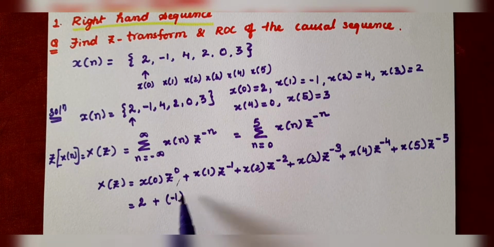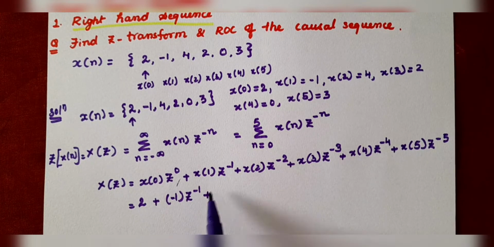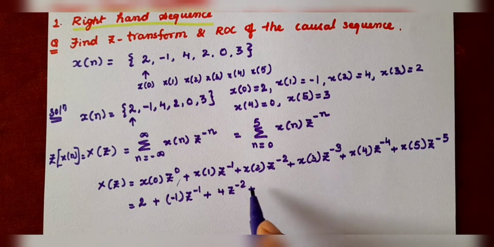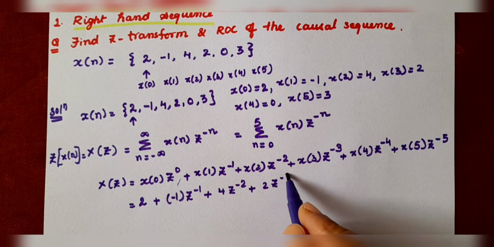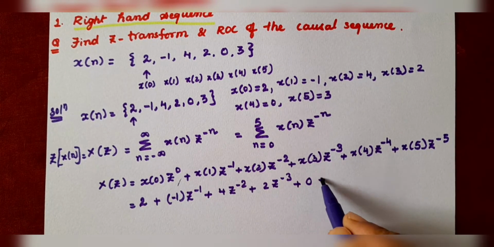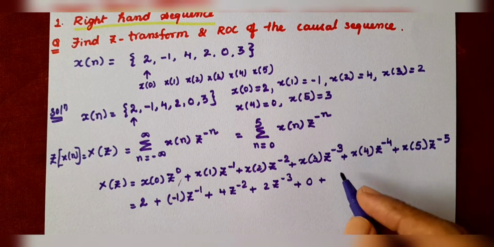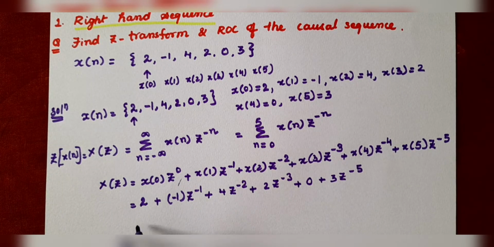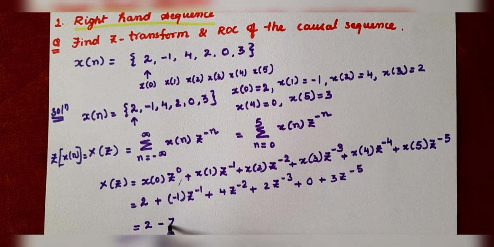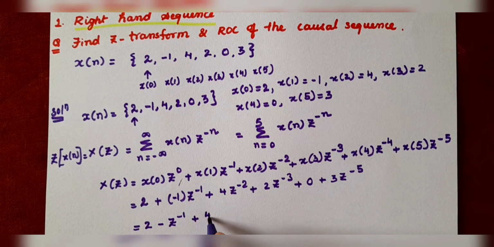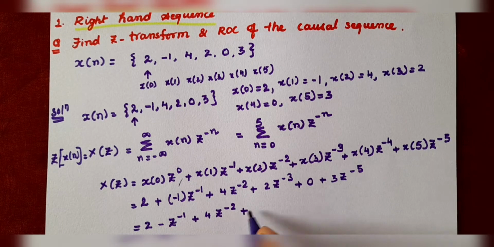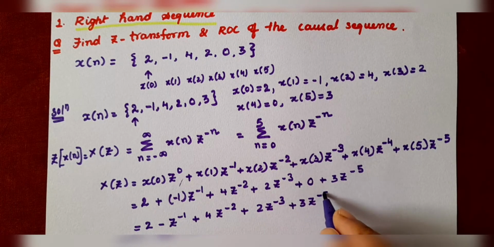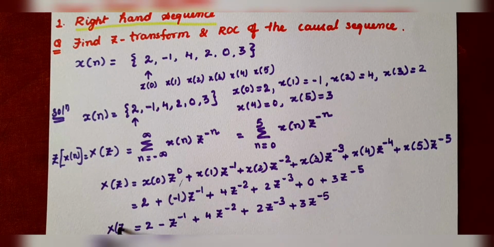Minus 1. Z to the power minus 1 plus 4 z to the power minus 2 plus 2 z to the power minus 3 plus 0 because x of 4 value is 0 plus 3 z to the power of minus 5. Okay. So, it is written as 2 minus z to the power minus 1 plus 4 z to the power of minus 2 plus 2 z to the power of minus 3 plus 3 z to the power of minus 5. This is x of z.